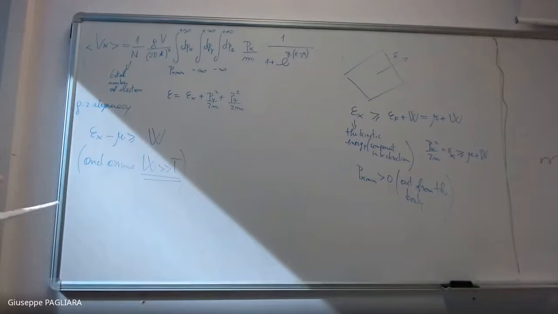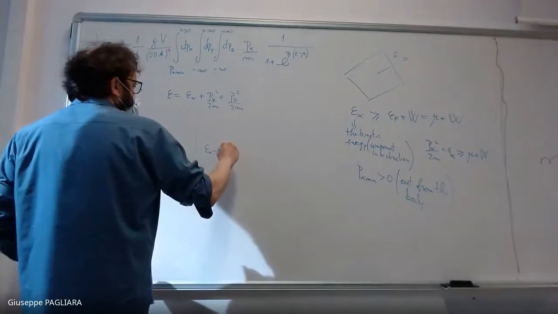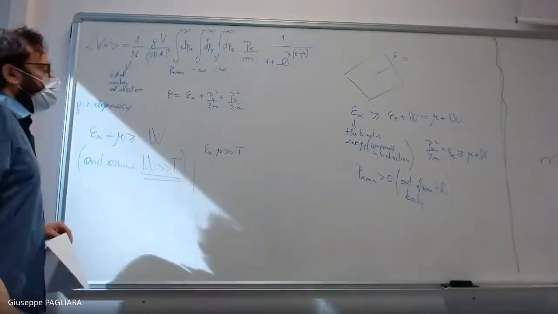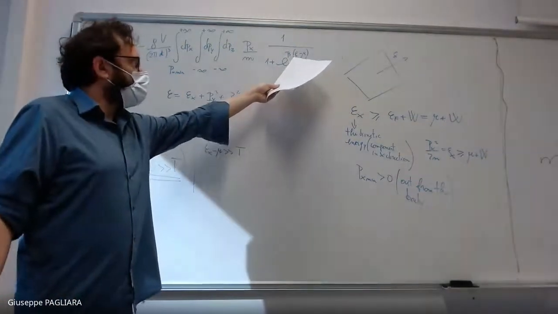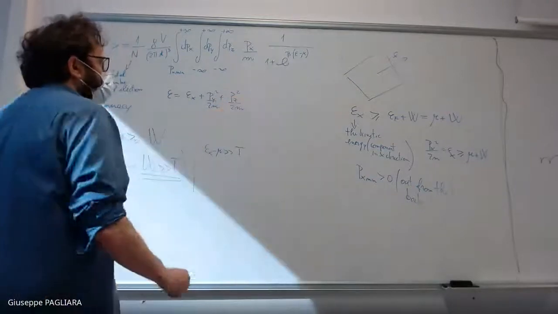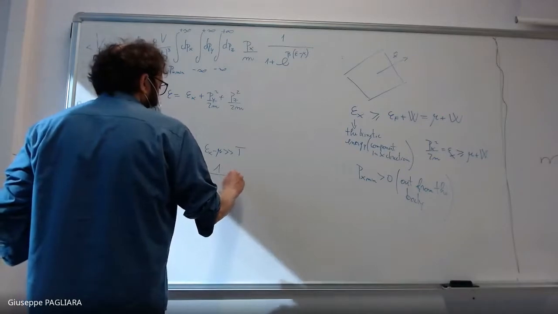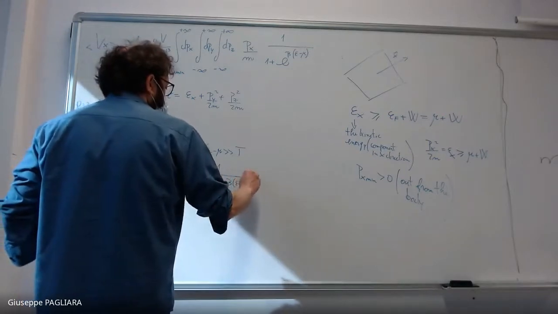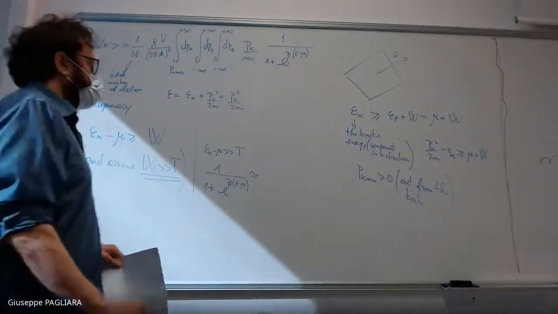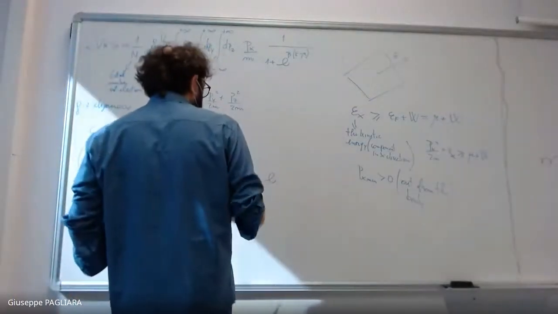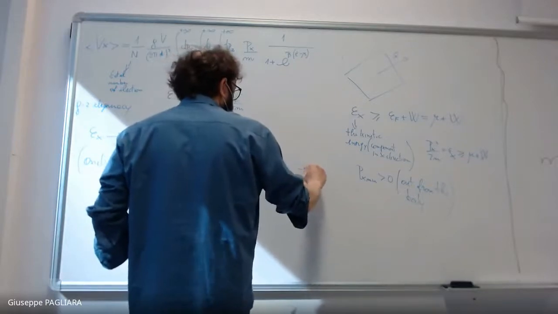Now, if this is true, then epsilon x minus mu is much larger than the temperature, and therefore this exponential is large, and I can approximate the Fermi function as a Maxwell-Boltzmann distribution, which is e to the beta mu and e to the minus beta epsilon.